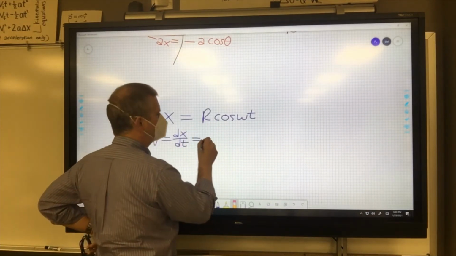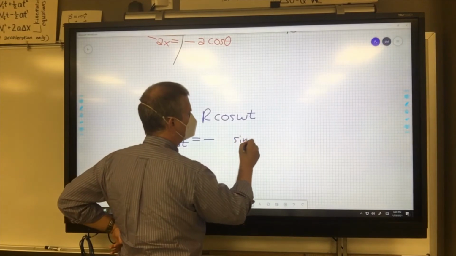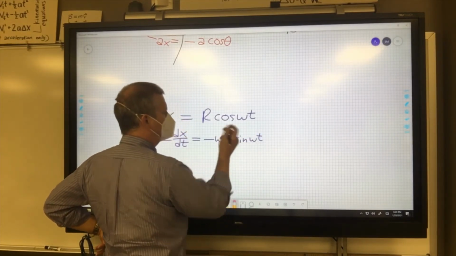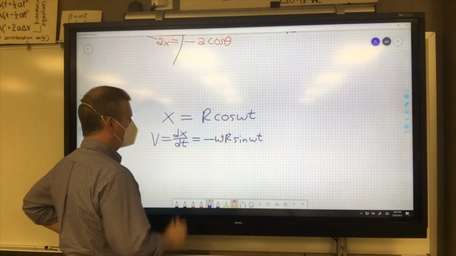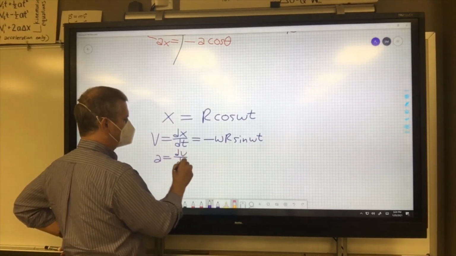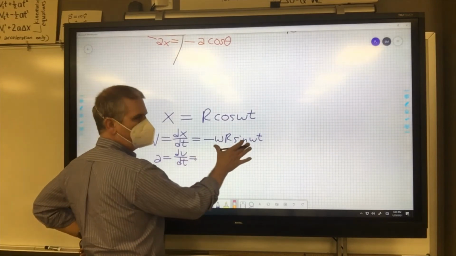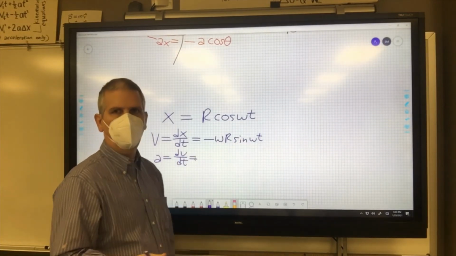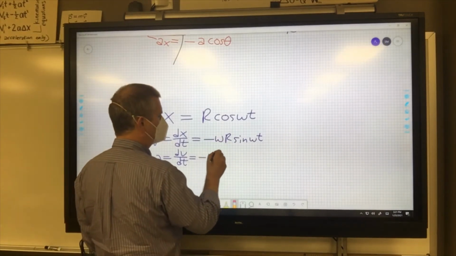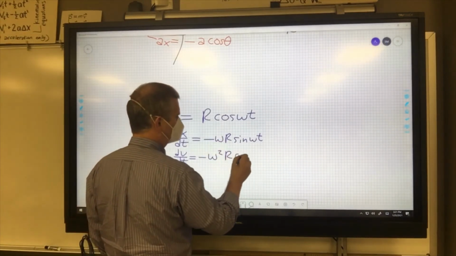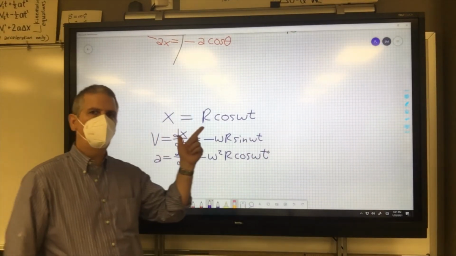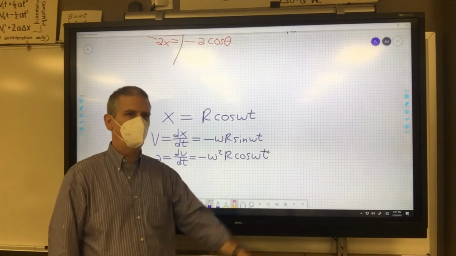Cosine goes to negative sine, times the derivative of the inside, and our acceleration, which equals dv dt, is the derivative of the whole thing, negative sine goes to negative cosine, multiplied by what's on the inside. You've memorized one equation, and you can derive the others.